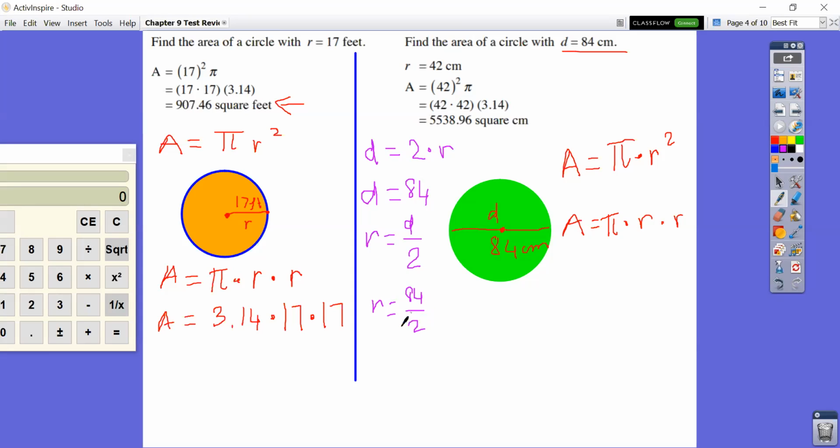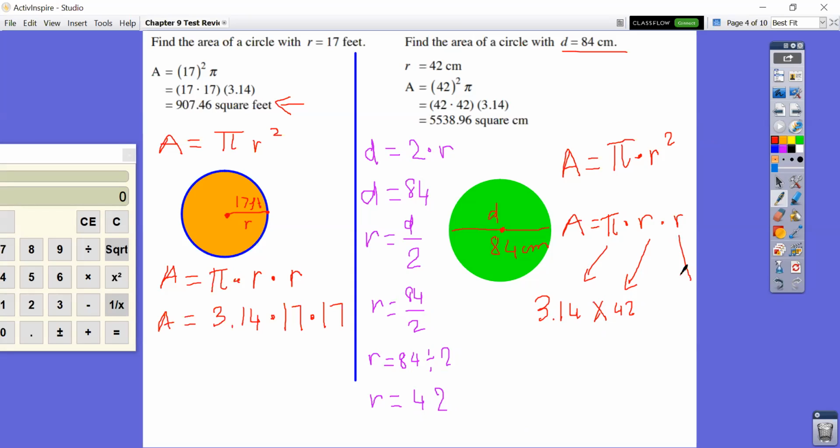When you take 84 divided by 2, you will get the radius. Half of 84 will be 42. So now you plug it in. They get you pi, 3.14. Radius, you just found, 42.